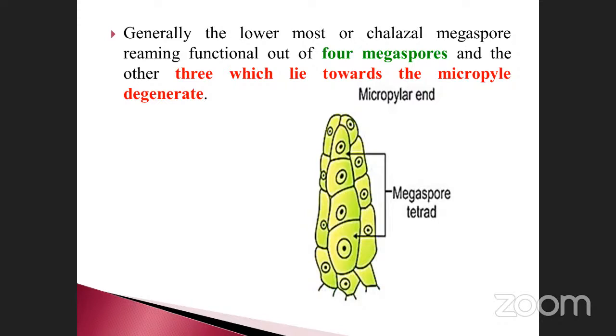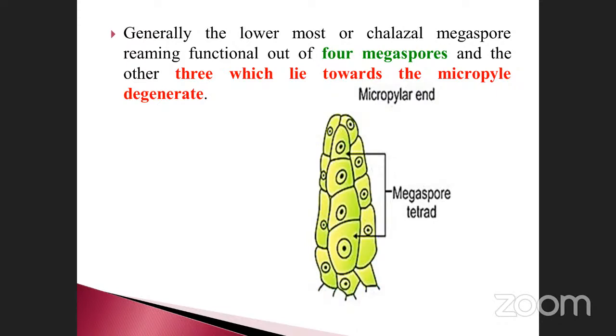Okay, so here what they are telling is that generally the lowermost, the chalazal megaspore, remains functional out of the 4 megaspores. This one is the functional one. The remaining 3 are not functional. So they may ask the question: how many megaspores are not functional? 3 are not functioning, but the lower part only is the functional one.